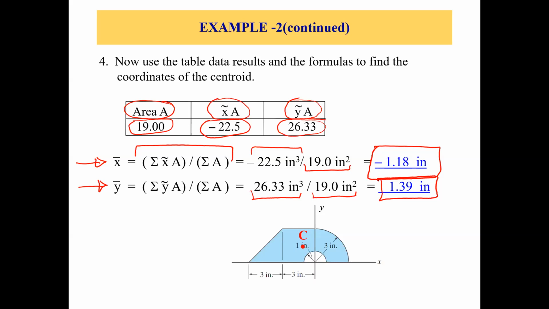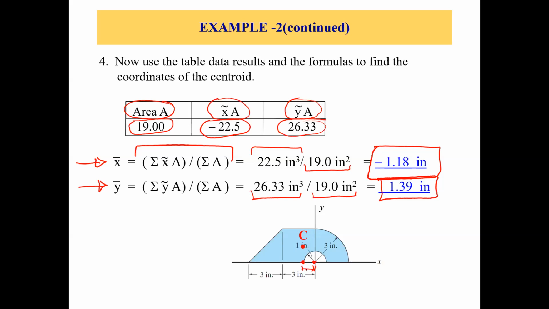All right. Now, last thing, we want to see where this centroid is. So just locate the centroid with respect to the origin. This is our origin. The value of x bar is negative 1.18 inches, so on the negative x-axis, let's say somewhere here. This is your x bar.